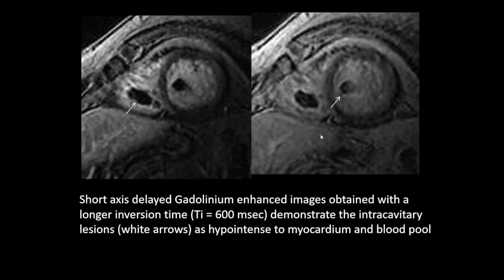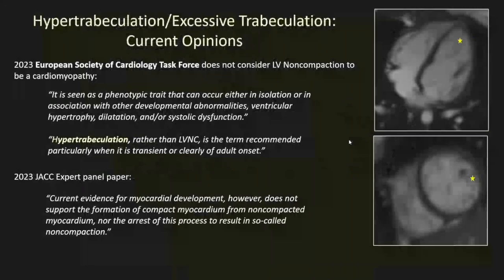So what we have here are biventricular thrombi, and again, the recent guidelines suggest that we shouldn't be using the term non-compaction, except in those patients who are young, who may have cardiomyopathy, in which case they should have genetic testing.